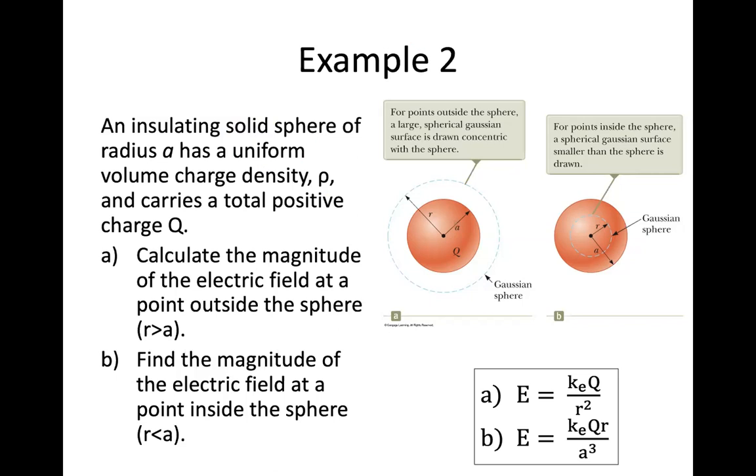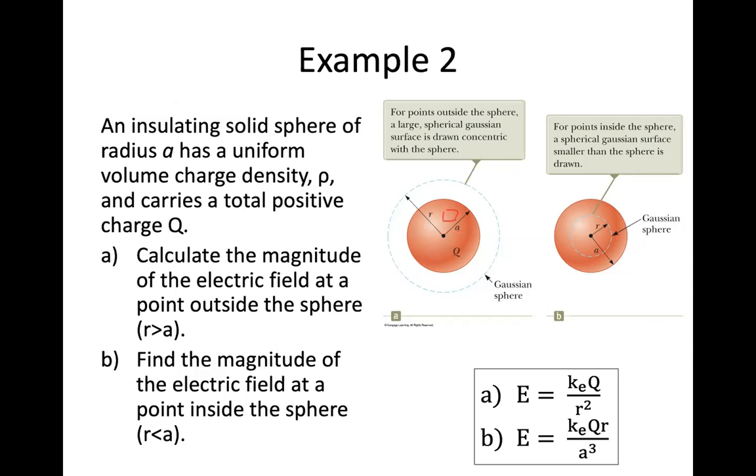Okay, so an insulating solid sphere. What does insulating mean? It means the charge stays where we put it. It's like plastic and it stays where we put it. It's not free to move around. We can make it move around, but we're leaving it alone. It's going to stay right where we put it, which means that it's pretty much evenly distributed all throughout, which is what uniform means. So I can look at a little itty bitty bit and it'll have rho.